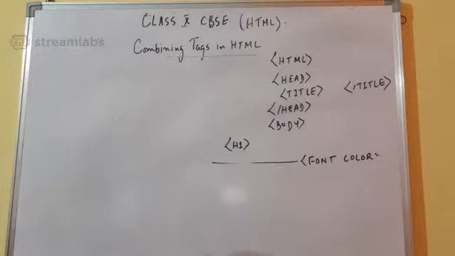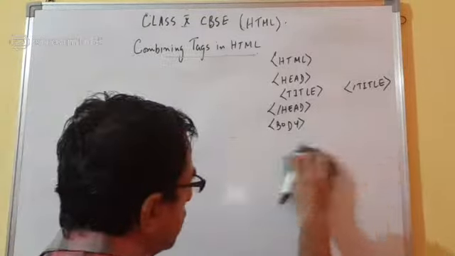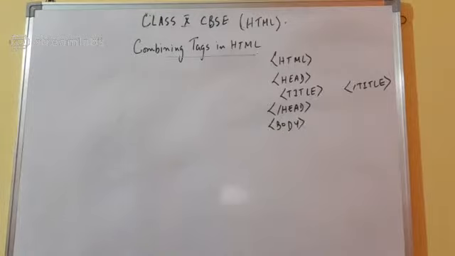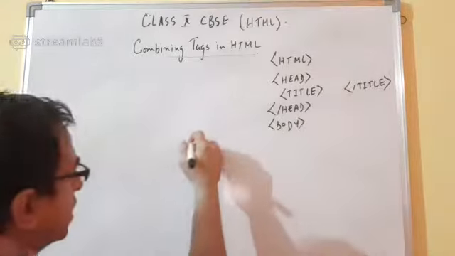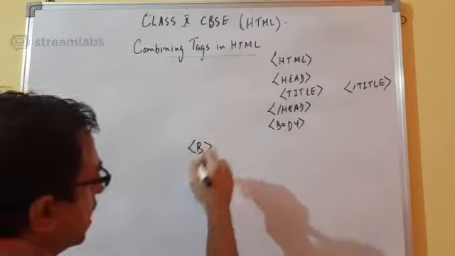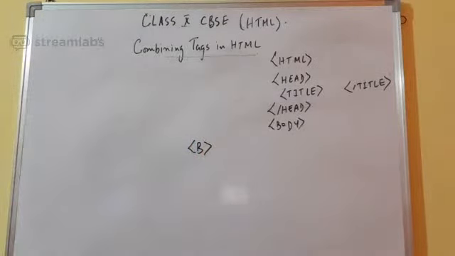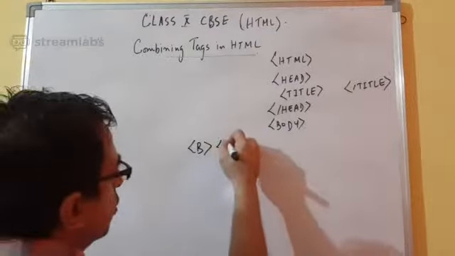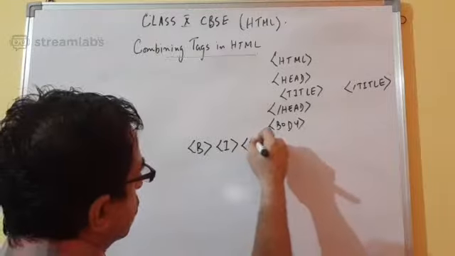Okay, so if you want the heading to come in some blue color or some red color, then we can use multiple tags together also. And as I told you, just like I introduced bold, italics, underline, if some text is to be represented in bold as well as italics and underlined also, then you need to be sure where all these tags should be closed.